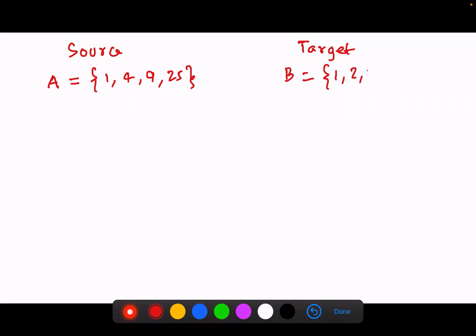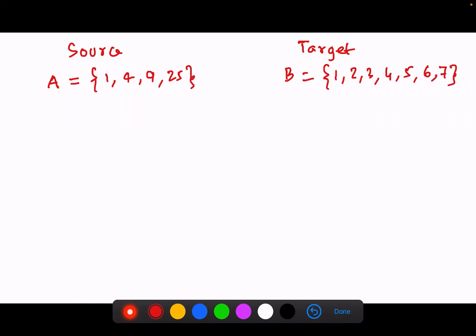So this time, I'm using these words liberally, source and then target. I have set A, let's say numbers like 1, 4, 9, and 25. And then set B, I have 1, 2, 3, 4, 5, 6, 7.